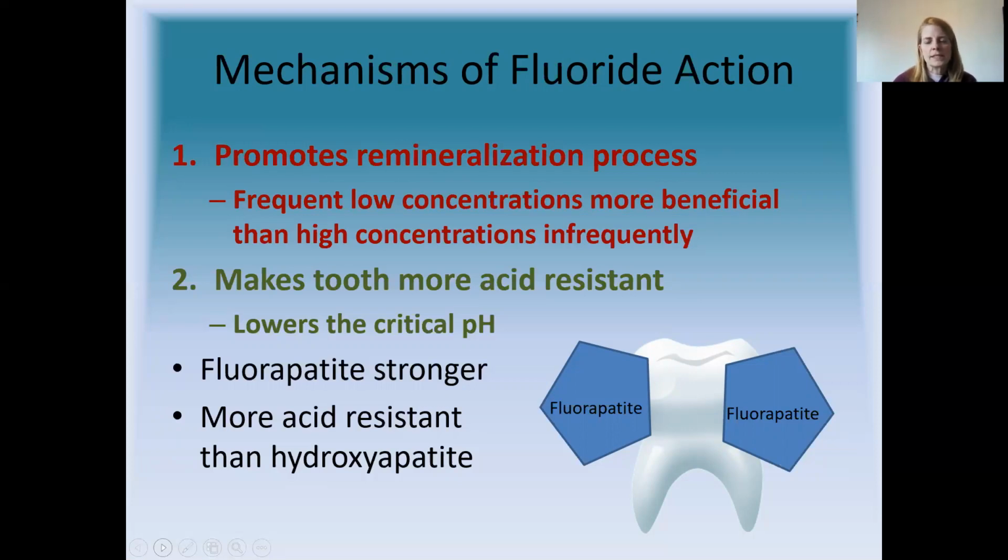We want systemic fluoride before teeth are developed, small amounts of systemic fluoride, and then frequent low concentrations of topical fluoride throughout their life. That's the biggest benefit. It makes the tooth more acid resistant, and it lowers the critical pH. Fluoroapatite makes the tooth stronger, makes a more perfect tooth crystal. It's more acid resistant than our enamel structure of hydroxyapatite.